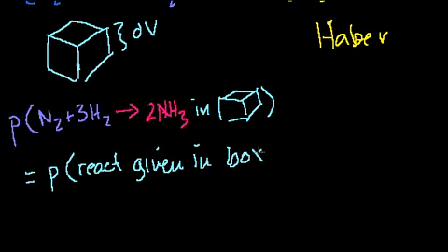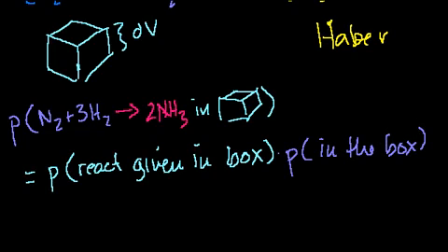So if you have the constituent particles, one nitrogen molecule, which has 2 nitrogen atoms in it, and 3 hydrogen molecules, if you know you have those, there's some probability that they're going to react based on their configurations and their kinetic energy and how they're approaching each other and all of these different types of things. So this is the probability that they react given that they're in this little box of dV. And then, of course, you're going to have to multiply that times the probability that you have the constituent particles in the box.